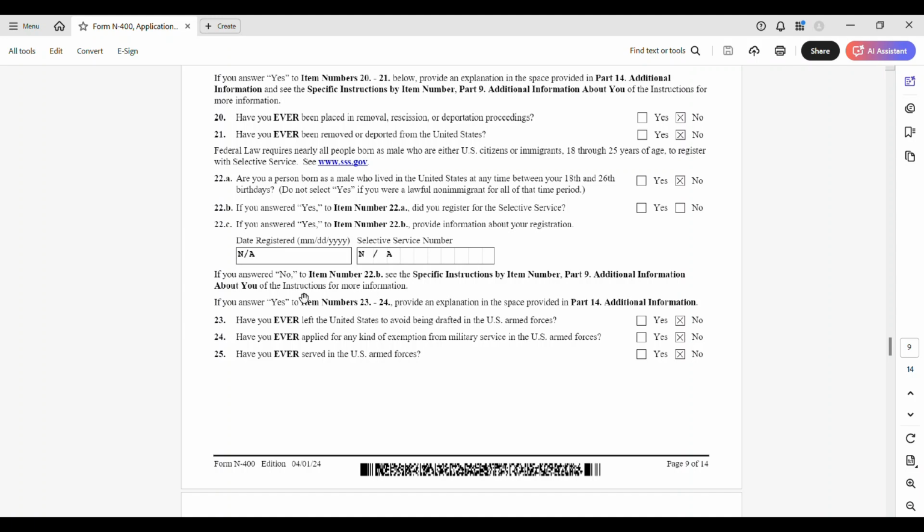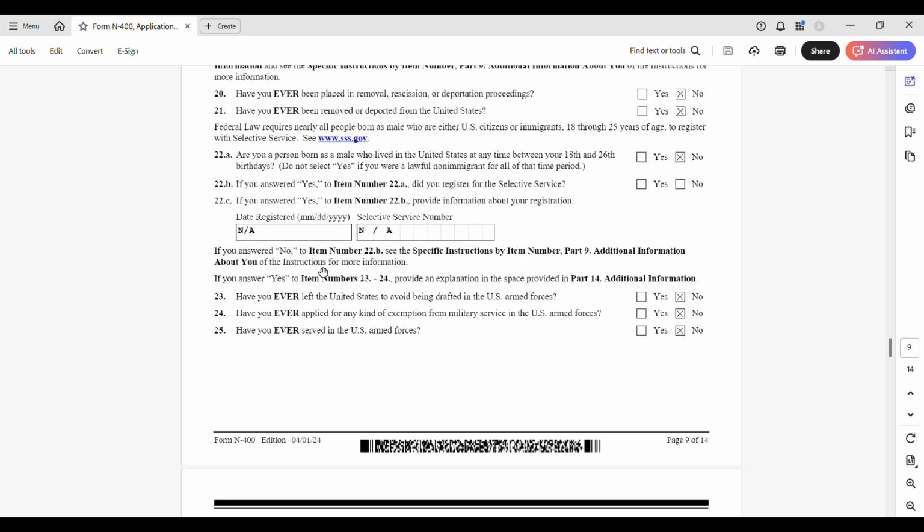If you answered no to item number 22B, see the specific instructions by item number, Part 9, Additional Information About You, of the instructions for more information. We did not provide a response to 22B since it was not applicable to the applicant.